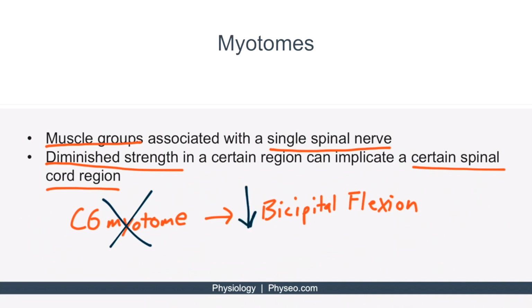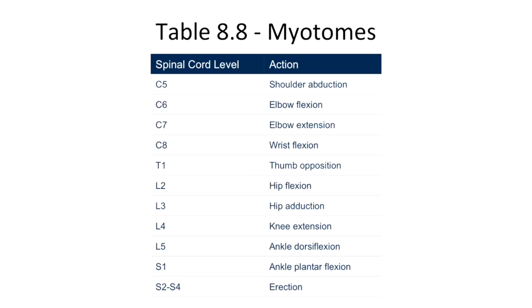So clinically, one can test the strength of a given myotome or spinal nerve by testing its associated function. So here's table 8.8 showing the myotomes. These are the ones that are clinically relevant and important for step 1. I won't read them to you here, but you may pause the video to take this in.